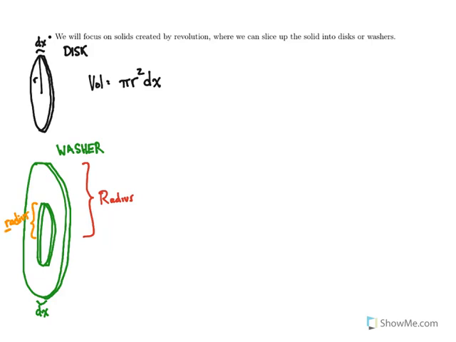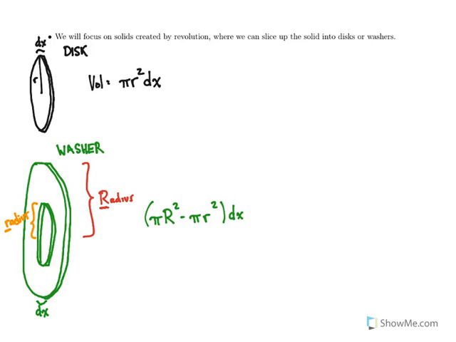We'll call the one little r, we'll call the other one big R. And to find this volume, you should take a second and just reason out this formula for yourself before I even write it down. This formula would be pi big R squared minus pi little r squared, all times dx.